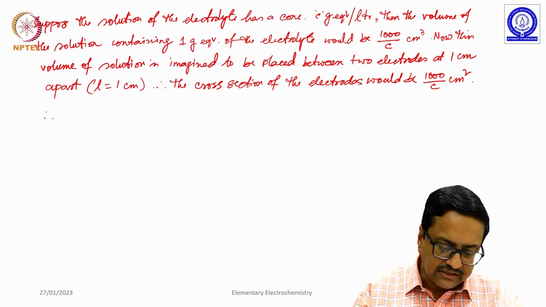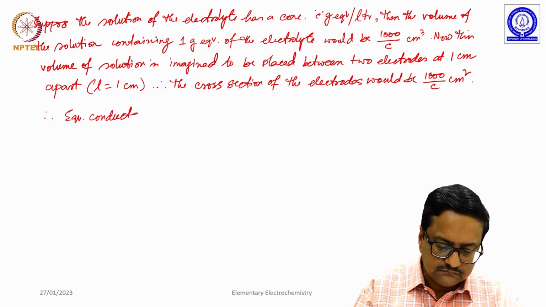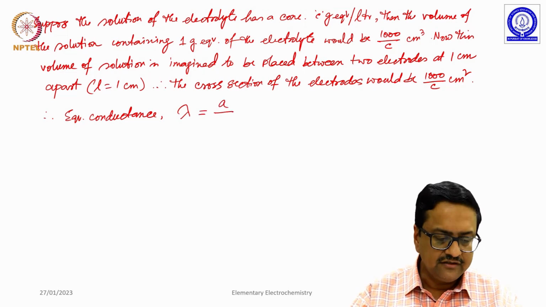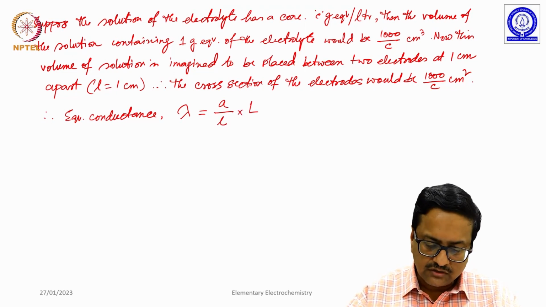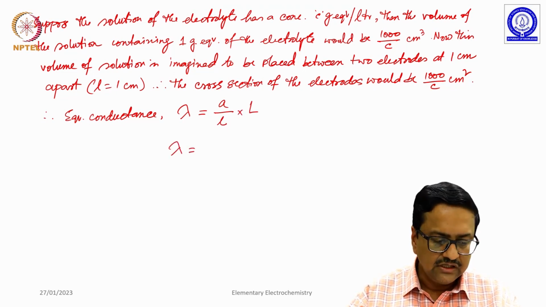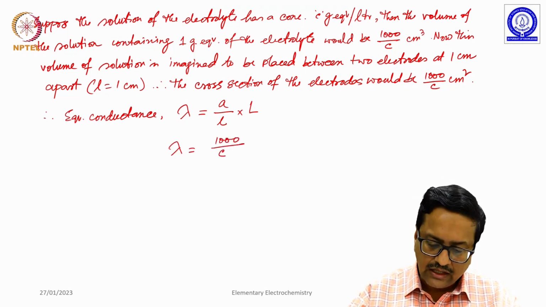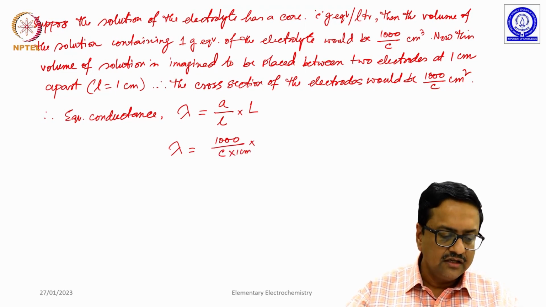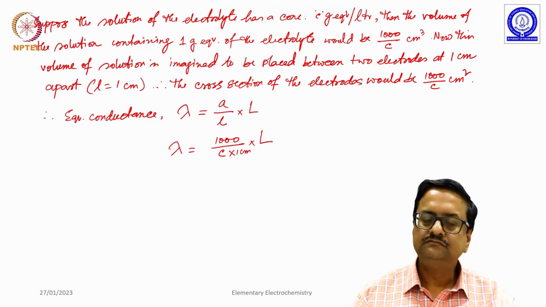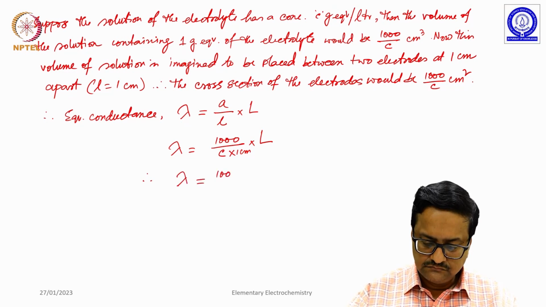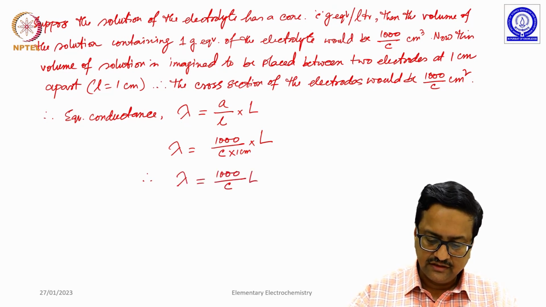Therefore, one can write that the equivalent conductance, small lambda, is equal to A by l into capital L, or lambda equal to 1000 by C into L. Therefore, lambda is equal to 1000 L by C.